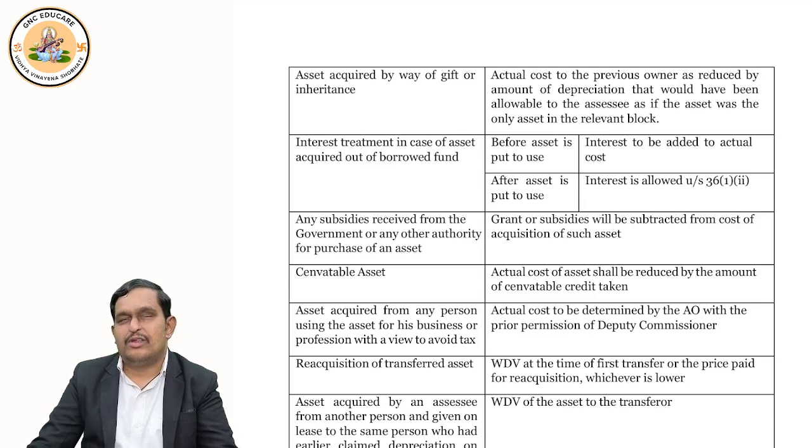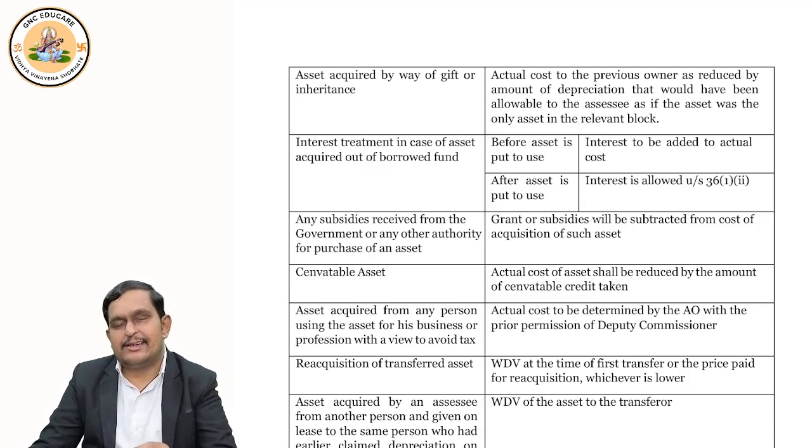Now, suppose to purchase the asset we took some loan and now we are paying interest on the loan. So interest up to the date of putting the asset to use should be added to the cost of the asset.